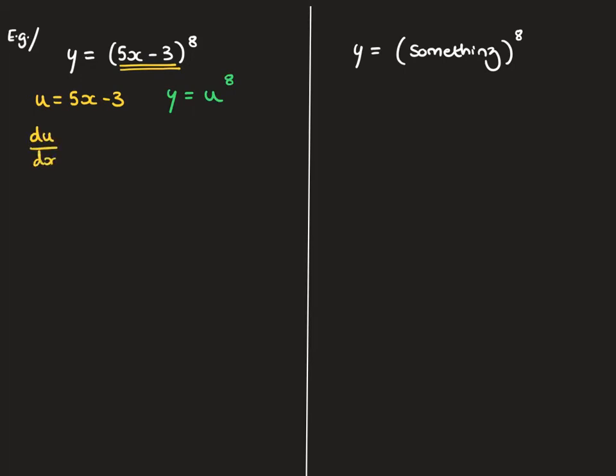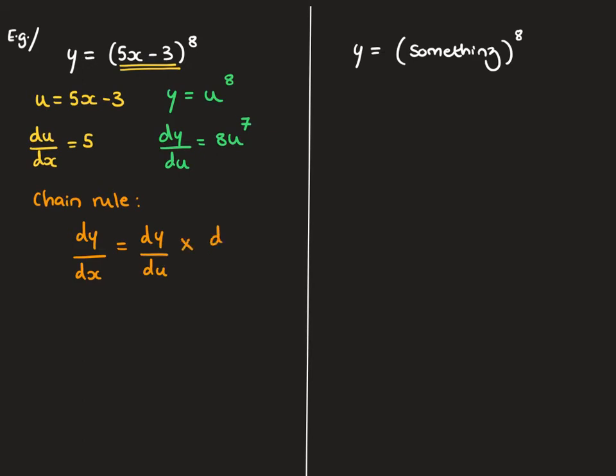So du by dx is equal to 5, and then separately dy by du is equal to 8u to the power of 7. Now, the chain rule then tells us that dy by dx is equal to dy by du multiplied by du by dx. So let's work out the two component parts. Dy by du, we've just written in green, is 8u to the power of 7.